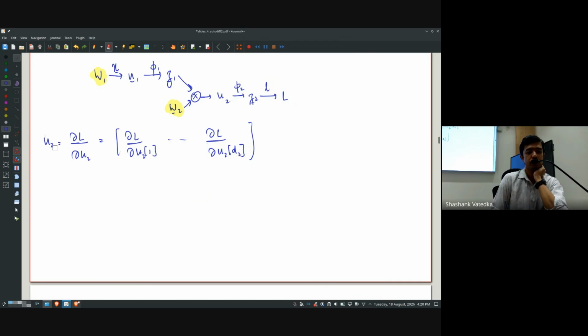So maybe I will just change this to W2 bar, which is this particular quantity. So this is the notation that I will follow. And so far we have computed U2 bar, which is the partial derivative of L with respect to U2.